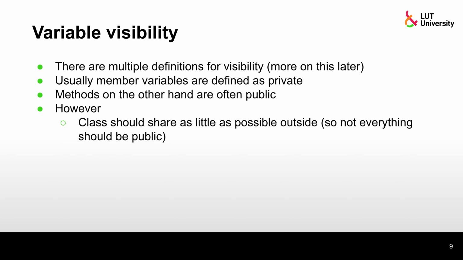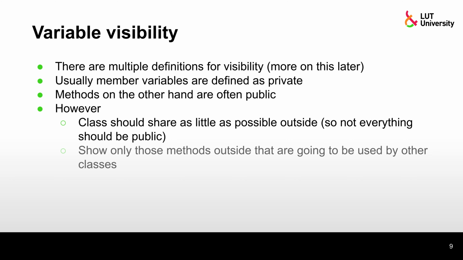So class should share as little as possible outside. So not everything should be public. And so far on this course, we have just been building classes that we haven't really talked about how we should handle this visibility problem, but now we are taking care of that. And the idea is to show only those methods outside that are going to be used by other classes.